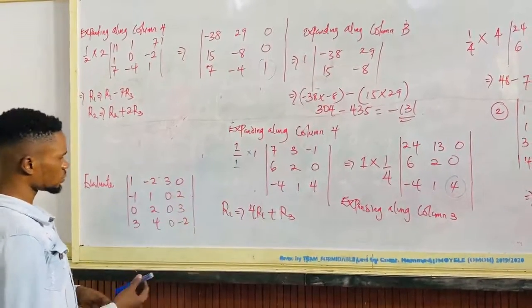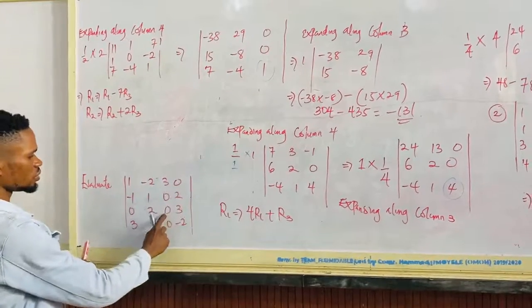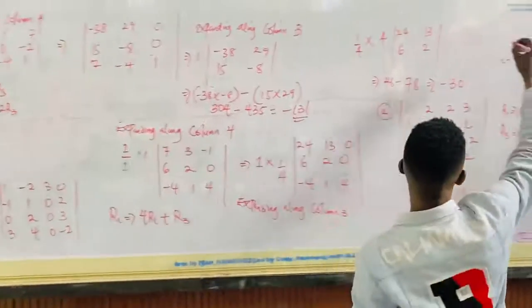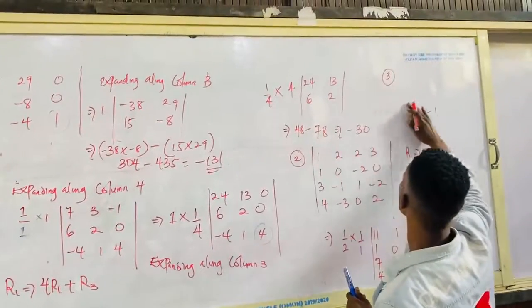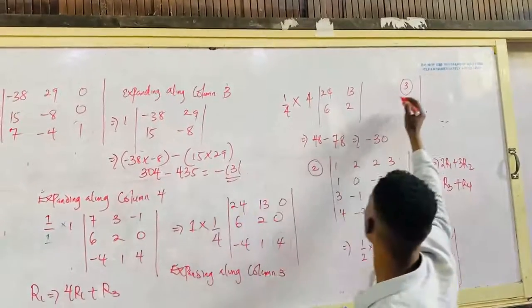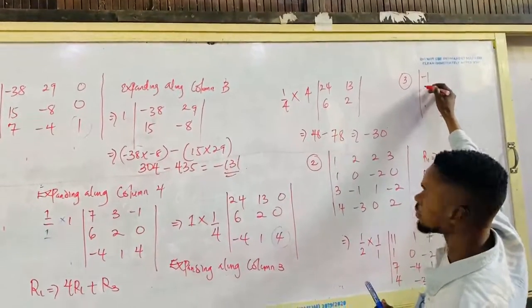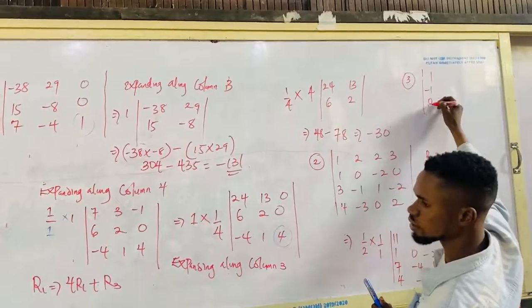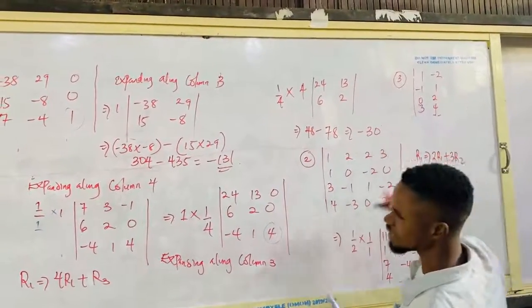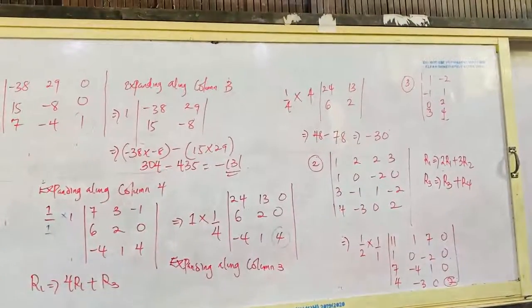You can interchange this. That's minus 1. That's 1 minus 1 is 0, 3. Minus 2, 1, 2, 4. Then interchange the position of row 3 and row 4.